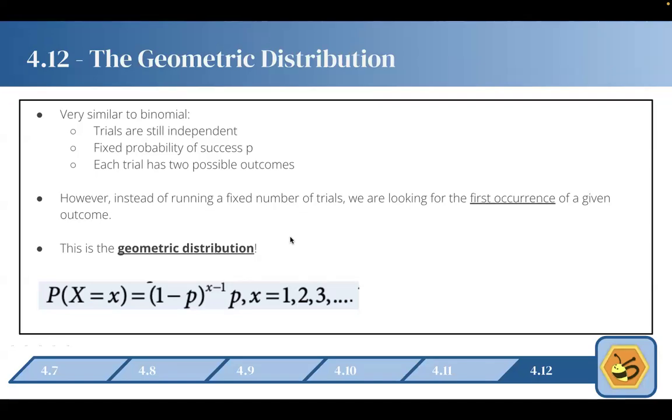Okay, geometric distribution. This is what we all came here for, it sounds like. It's very similar to the binomial distribution, except that instead of having a fixed number of trials, we're looking for the first occurrence of a given outcome. For example, if we're looking at the white cars again, at what point is the first white car going to happen?